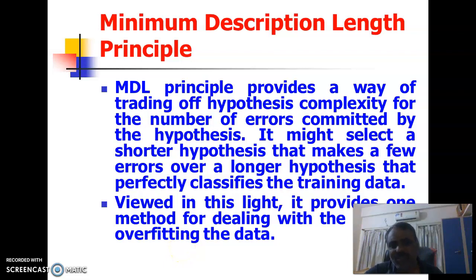One way of solving overfitting of the data is using this MDL principle. I believe you know what overfitting of the data is. If you do not know, please understand this. When you give the training examples to the hypothesis, it will classify them perfectly.